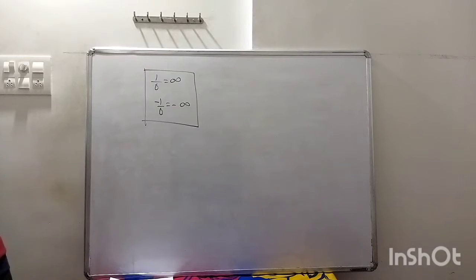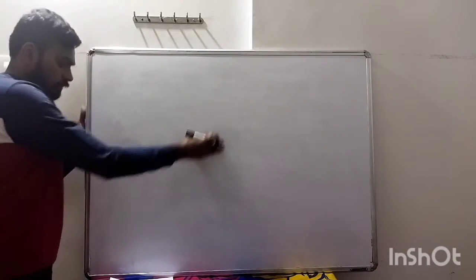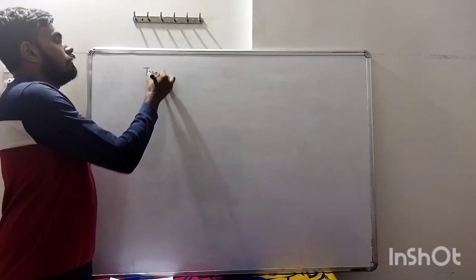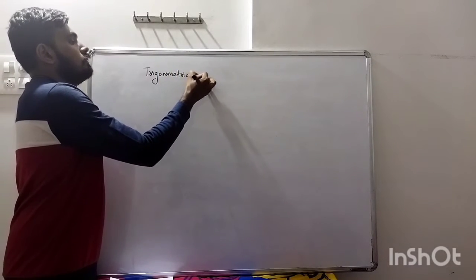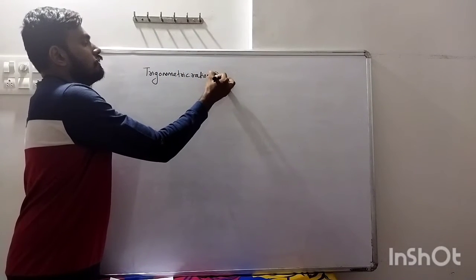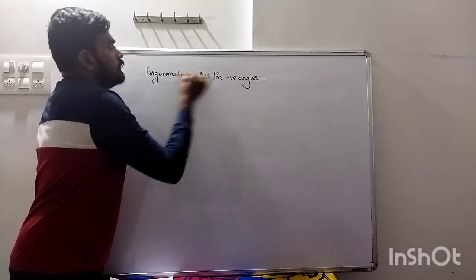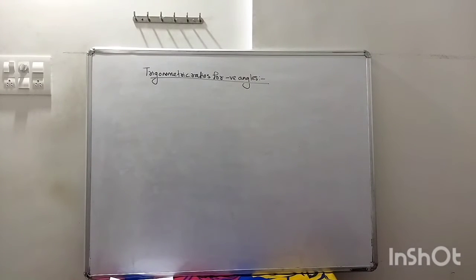Next, trigonometric ratios for negative angles. So, at the start of the chapter, what have we learned? Negative angles also, correct?